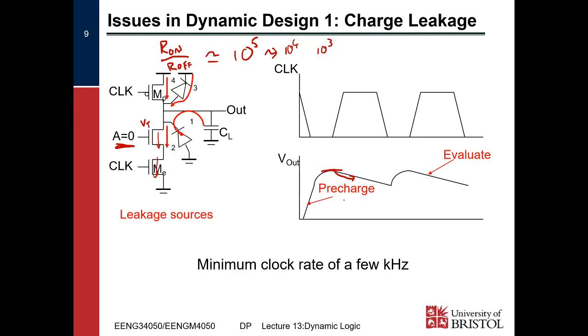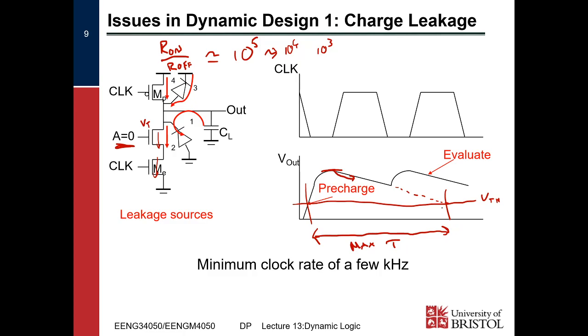And so we need to make sure that if this is our VTN, that discharging doesn't ever drop below VTN, right? And so there's going to be a maximum time between pre-charge phases.